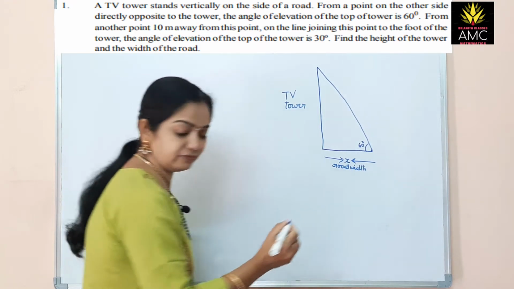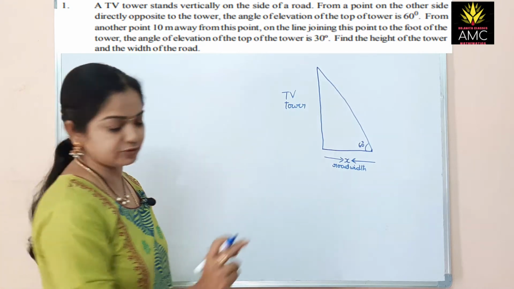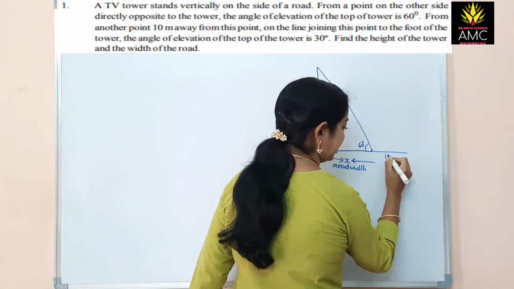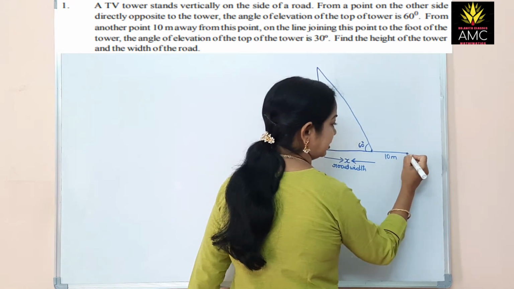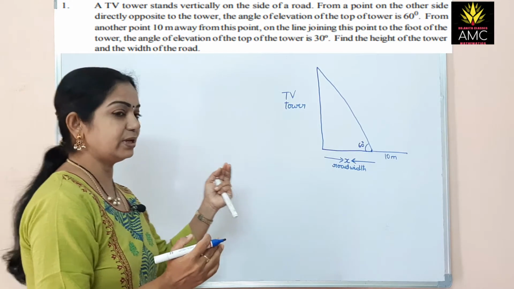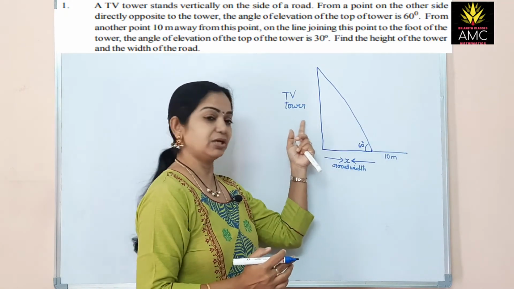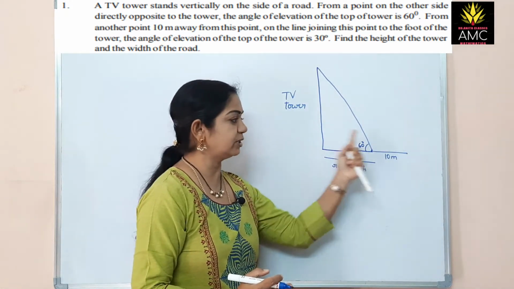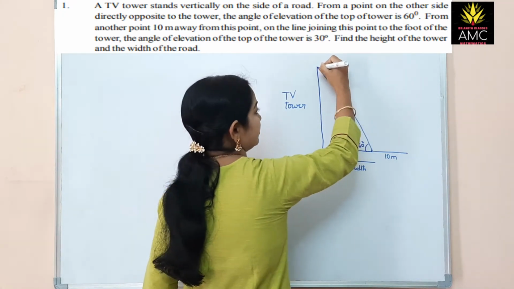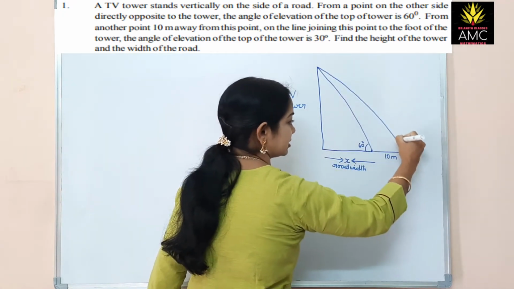Now, if they have moved to another point on the same side at about 10 meters, the angle of elevation naturally will decrease. If you are moving away from the tower or the building, the angle will decrease. So the angle of elevation given in the problem is 30 degrees.